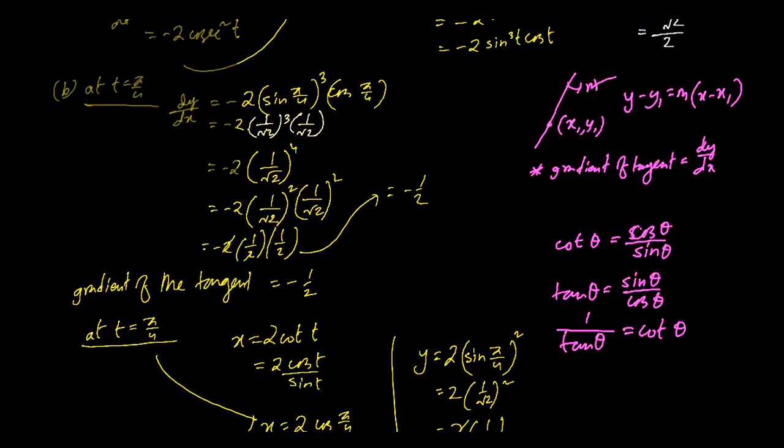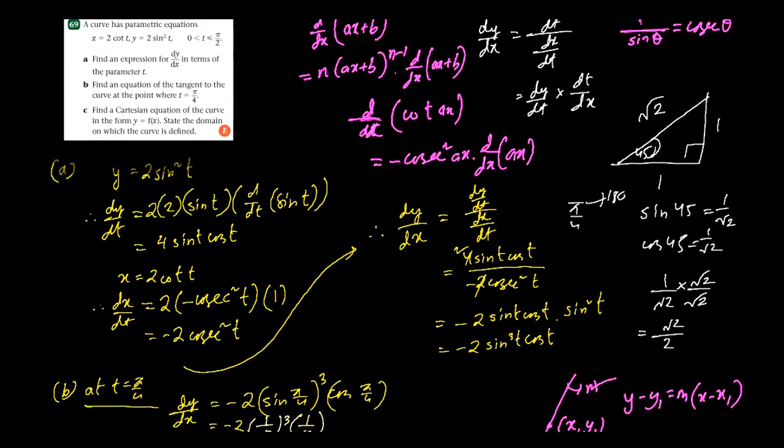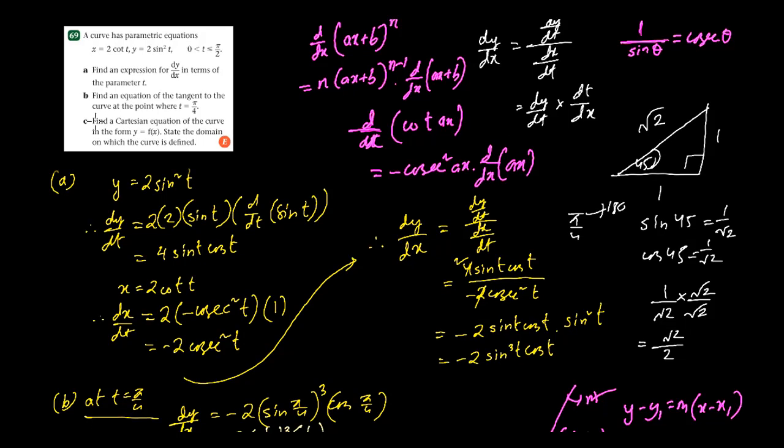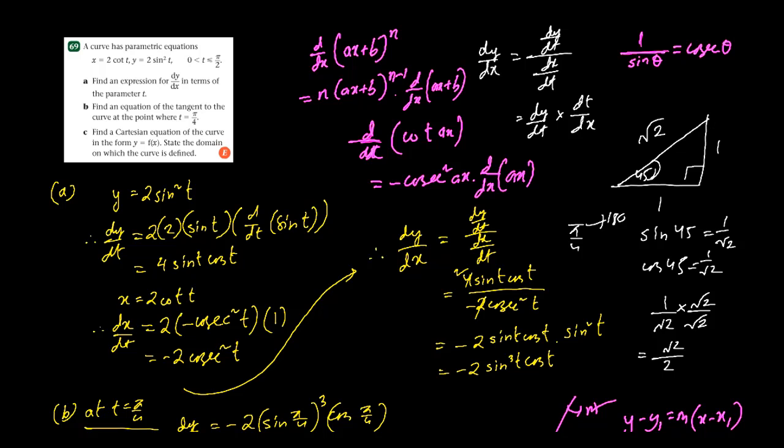The final question is, find a Cartesian equation of the curve in the form y equals f(x). That's the final question. So x equals 2 cot t, y equals 2 sine squared t. Let me scroll down here.